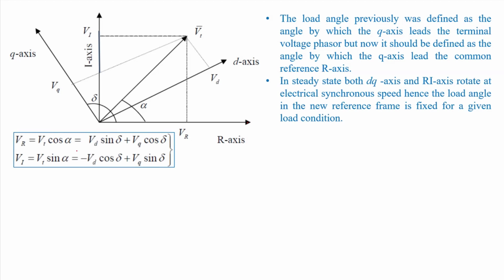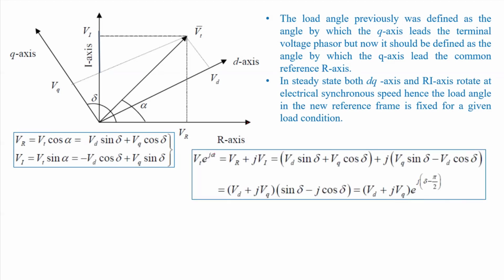So we found the expression, and finally we found that the terminal voltage, if we are representing it in D and Q axis voltages, should be multiplied by j e to the power j of delta minus pi by 2 in order to refer to the RI reference frame or common reference frame, right?